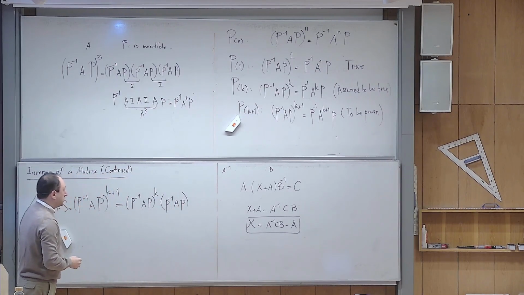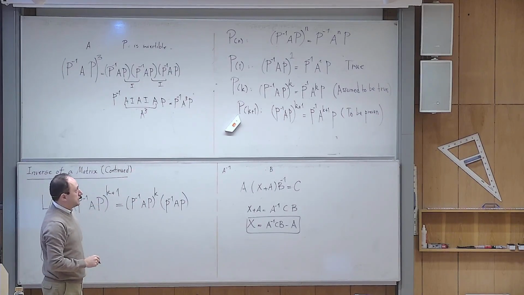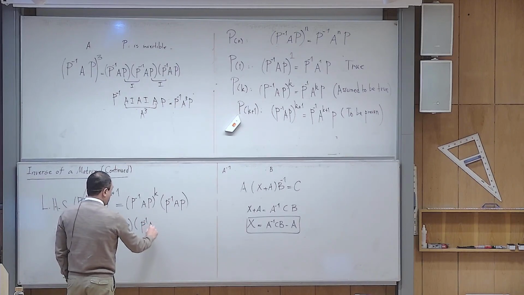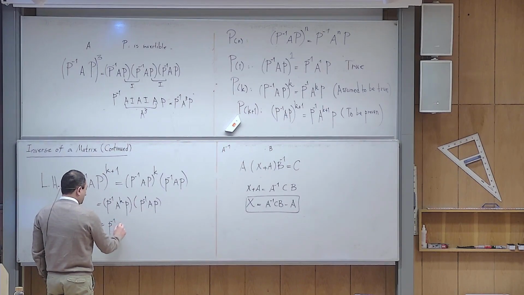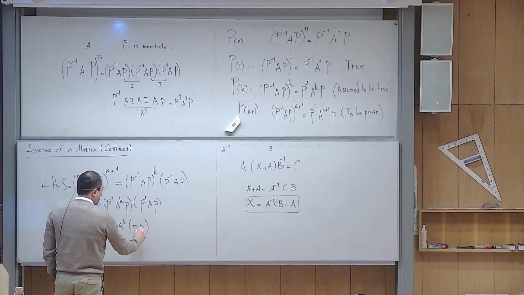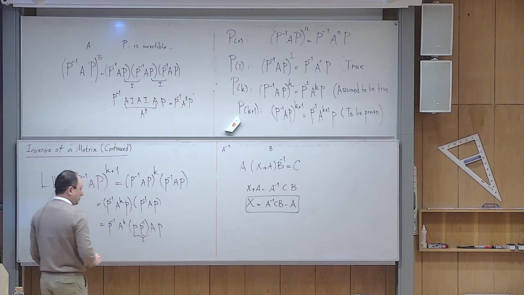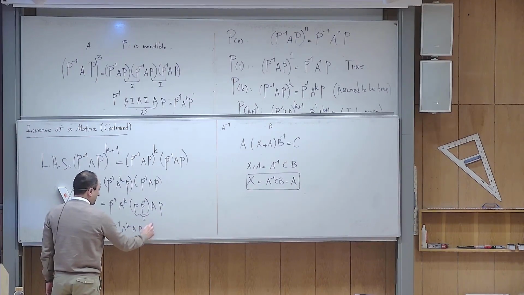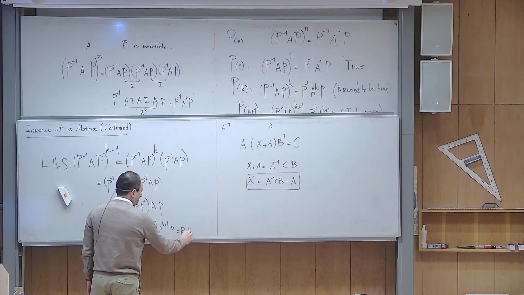Now I can use my assumption, because this one is assumed to be P inverse A to the k and P. So instead of that, I put P inverse A to the k and P, and then I multiply it by P inverse A P. Now I can use associativity to group P and P minus 1 in the middle, and immediately I see that this is I. So this becomes P inverse A to the power of k, A, P, which is nothing except A to the power of k plus 1, and then P, and that's exactly equal to the right-hand side.